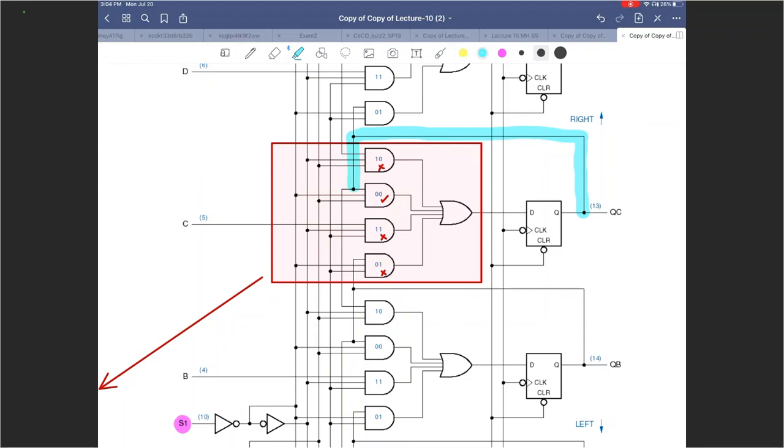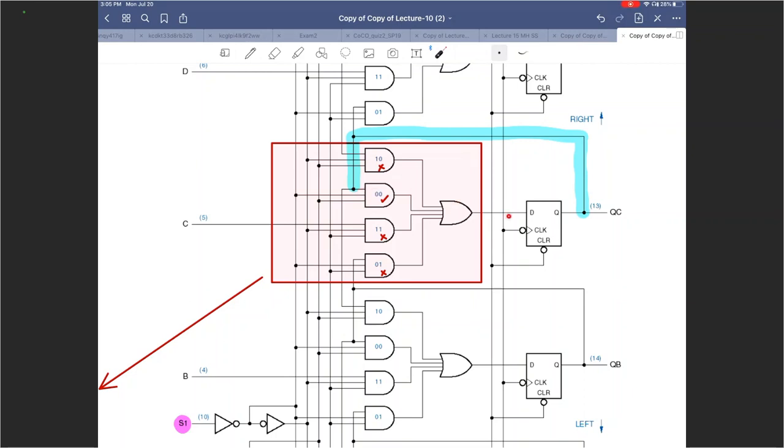Which means the current contents of the register are being fed back into it. So even if you clock things through, you will hold the data. It will not change because you have connected it back in, right? So the current state for C, QC, is being fed back over here.